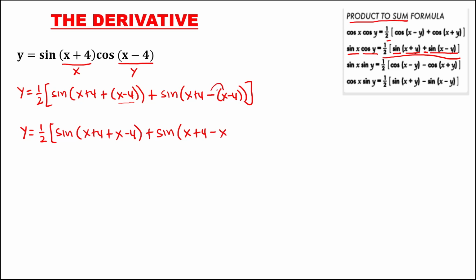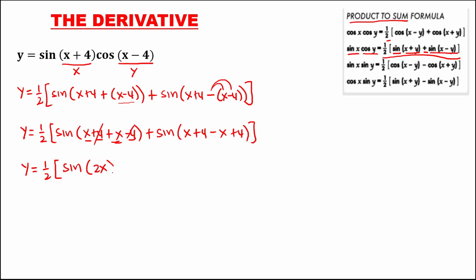So this becomes negative x and negative negative, so that becomes positive 4. Then we have y equals 1/2 times sine, so this x plus x is 2x. And positive 4, negative 4, this one is 0.